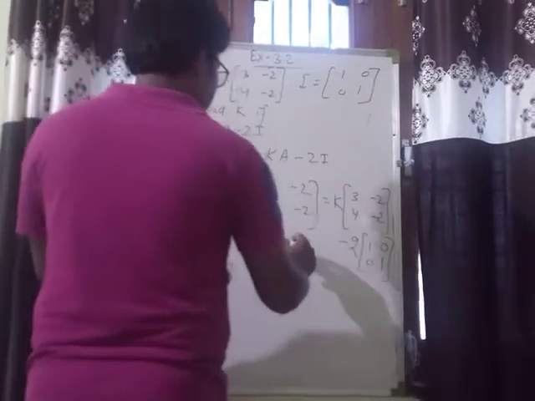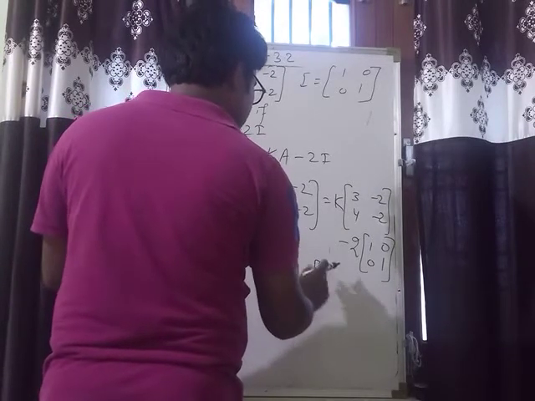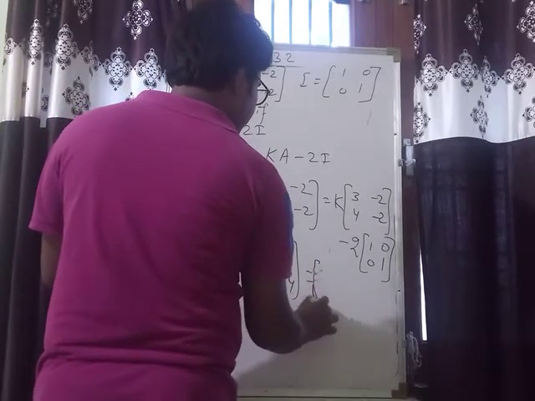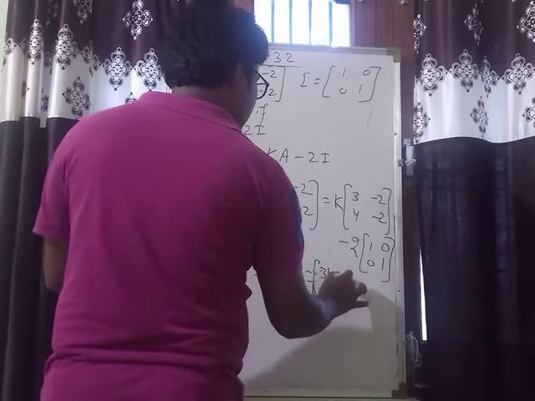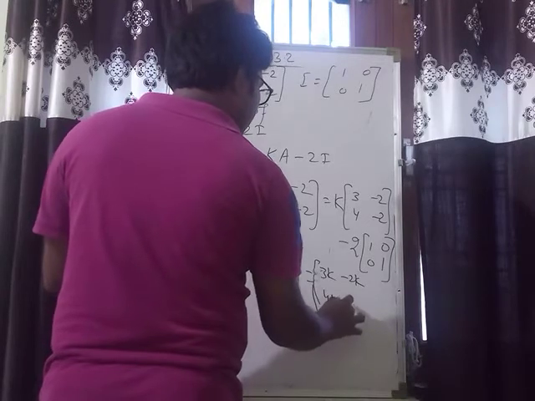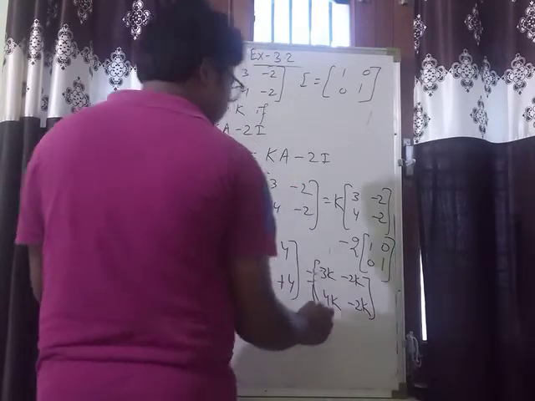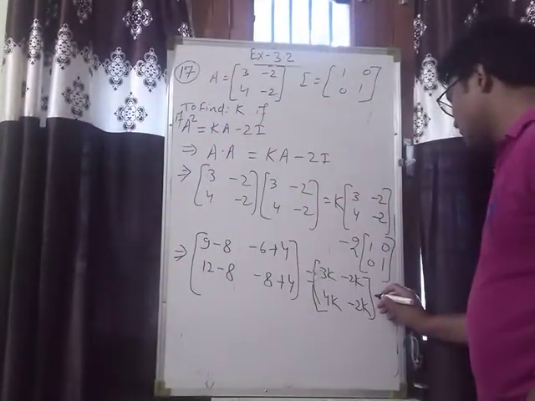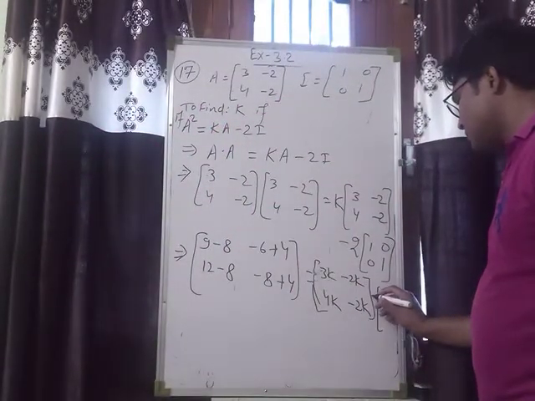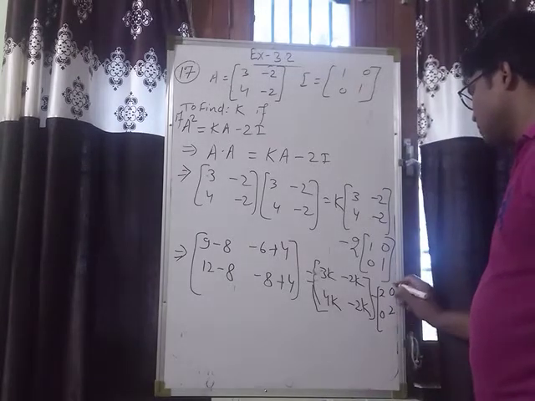Okay. And that is equal to 3k minus 2k, 4k and minus 2k minus, that one is [2 0; 0 2].